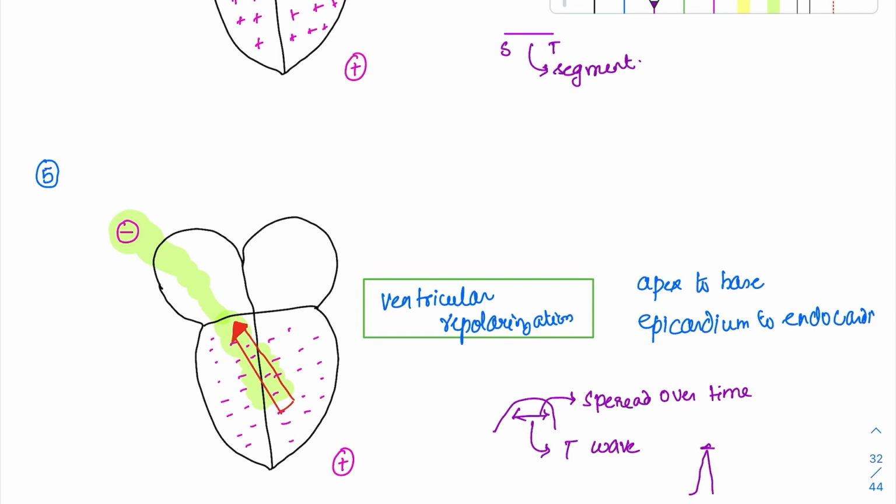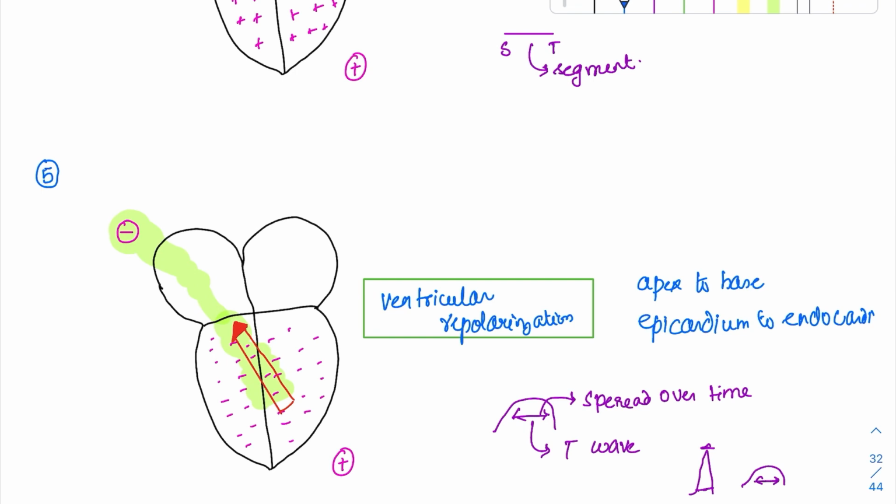The amplitude is high, but the same musculature is spread over time in the T wave. If you calculate and average it out, everything will be the same, because both are for the ventricles. But here it is slow, so it is spread over time and the wave is flat. But its amplitude is little better than the P wave because the musculature is huge. So this is the reason for the entire wave generation.